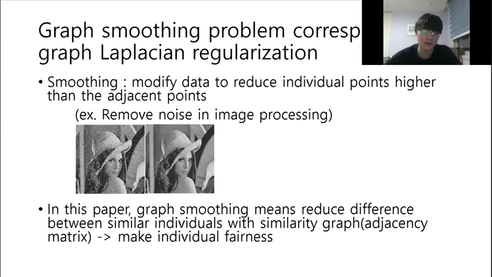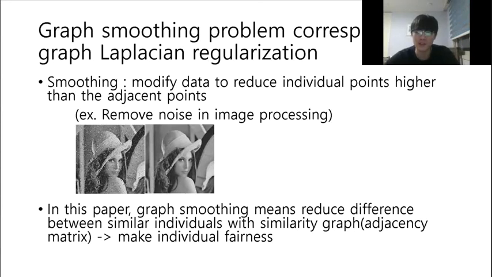Then I will talk about this algorithm's main background information, that is the graph smoothing problem. Smoothing means modifying data to reduce individual points that are higher than the adjacent points.